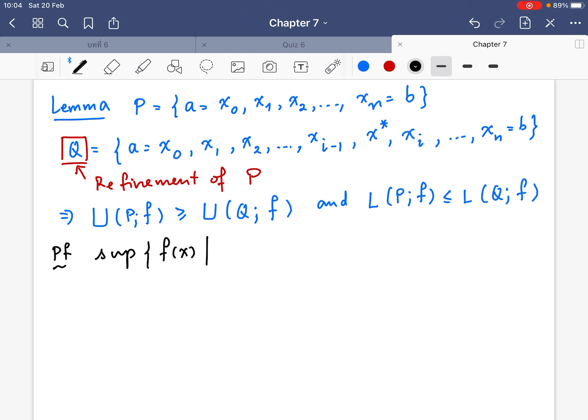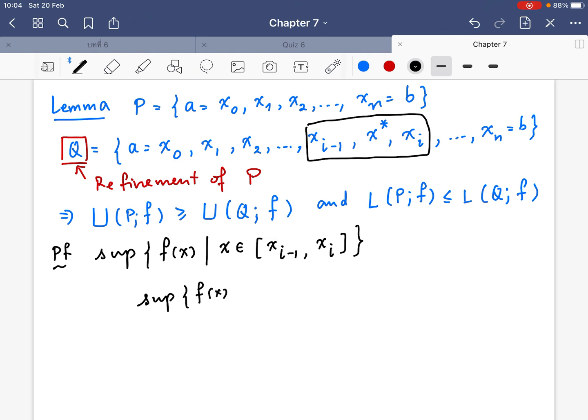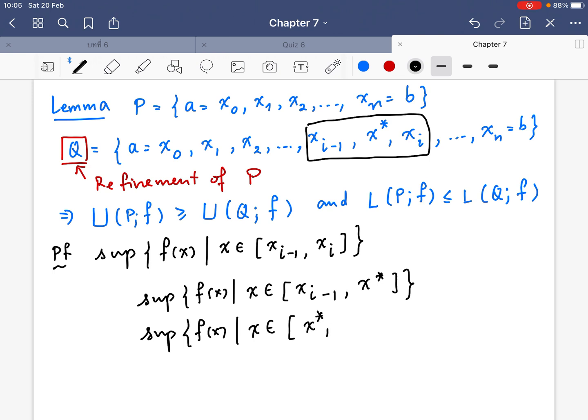For example, if you look at the subinterval from x(i-1) to xi, the one that you divide with one more point, and you look at the supremum over the smaller interval, and the supremum over another part of the interval, which one will be greater?